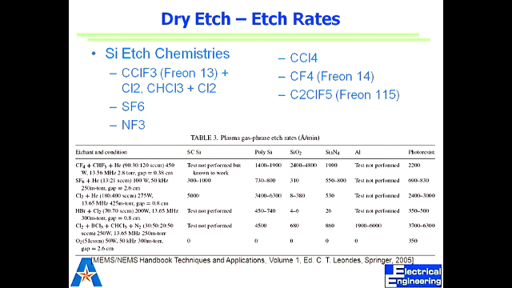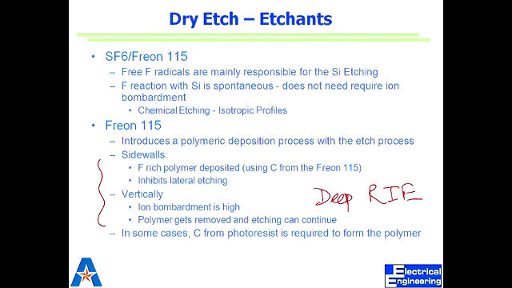So this is a table just to give you an idea of what the gases are and what the corresponding etch rates are that you can achieve. Okay, so it talks about the dry etchants. As I told you, free fluorine radicals are very energetic and they are mainly responsible for silicon etching.